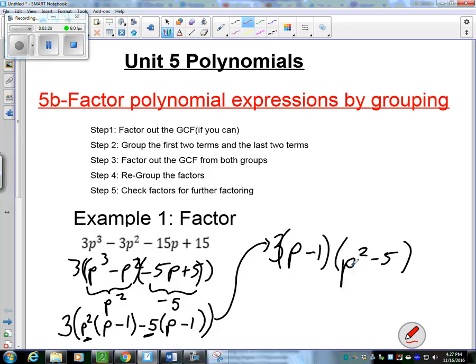And now I check to see if I can factor either factor further. P minus 1 I cannot factor further. P squared minus 5, 5 is not a perfect square, so I cannot factor that any further. Therefore, this is my final answer for factoring.